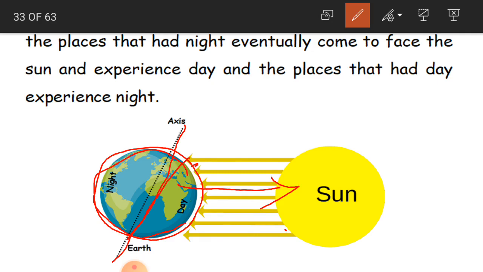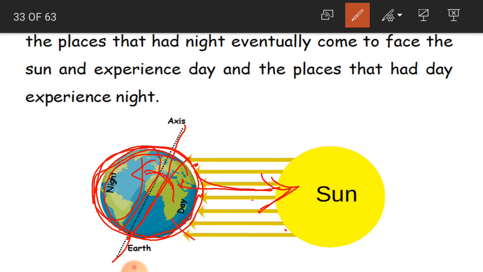So again when this is going to turn this side, again this part, what happens? As they were having night at the same time, this part is going to come this side, towards the sun side. So they will be having day, and this one where they have gone back will be having the night here.